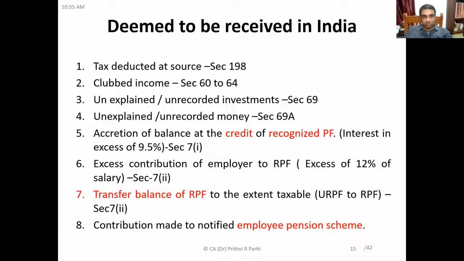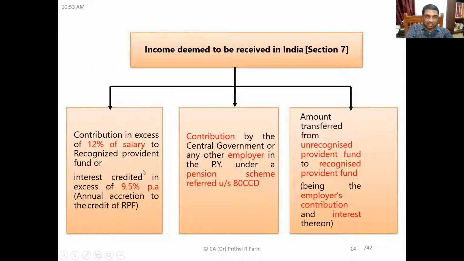Okay. So then section 7 contains 3 provisions, 7.1, 7.2, 7.3. We'll be seeing that. Okay, so let us see that section 7 talks about these 3 things as you see. Contribution in excess of 12% of the salary to recognized provident fund, or interest credited in excess of 9.5% per annum.